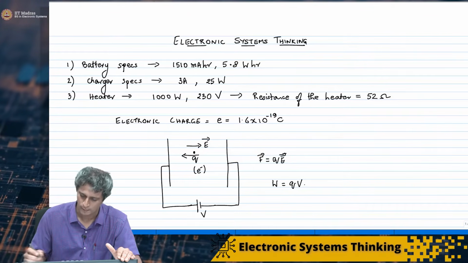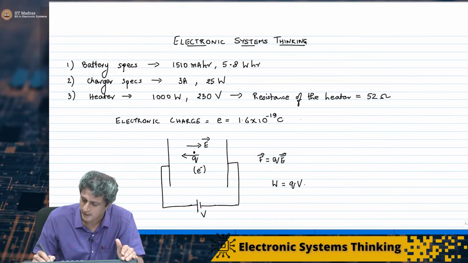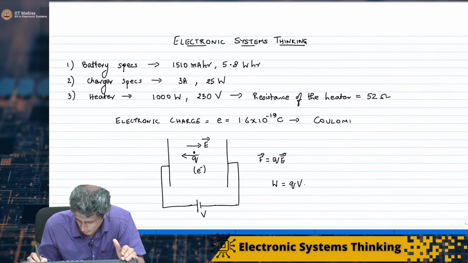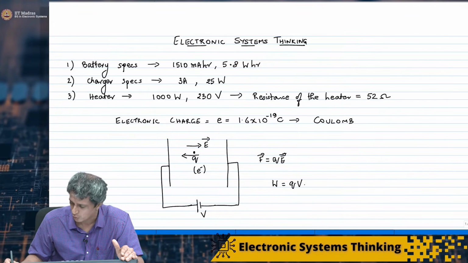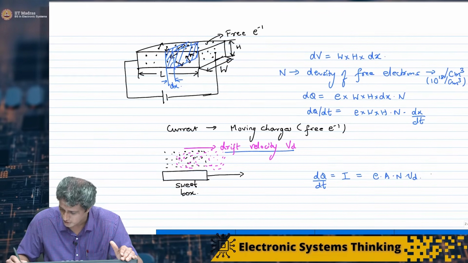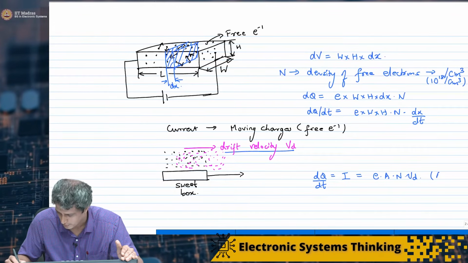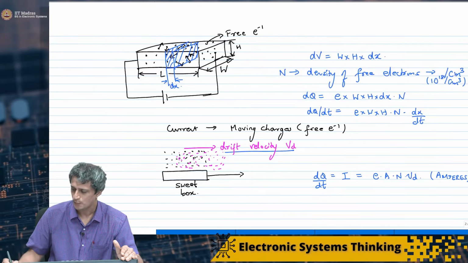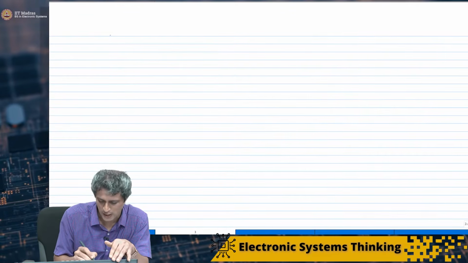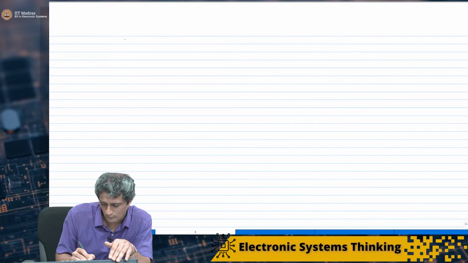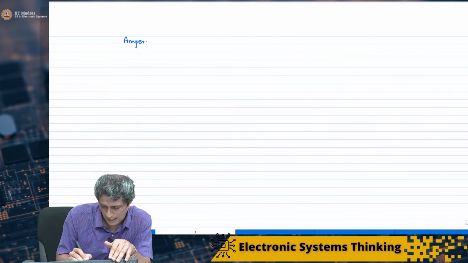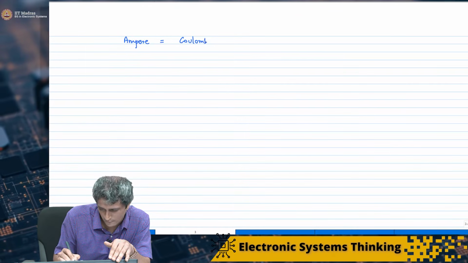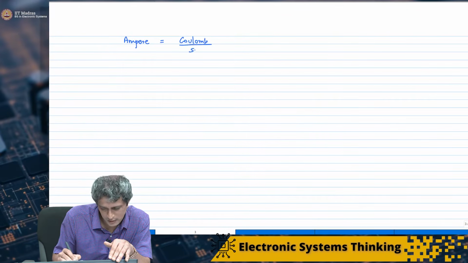So if you look at the electron charge here, we said it was measured in coulombs, and current is measured in amperes, right? And it's very easy to see that ampere dimensionally is nothing but coulomb per second.